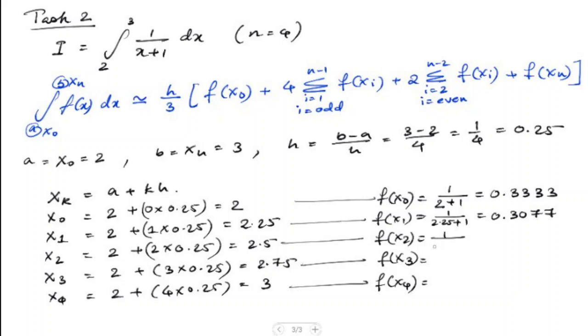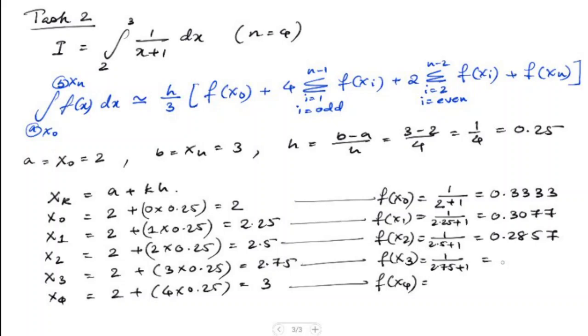And then for the next ones we have 1 over 2.5 plus 1. This gives us 0.2857, and here we have 1 over 2.75 plus 1.